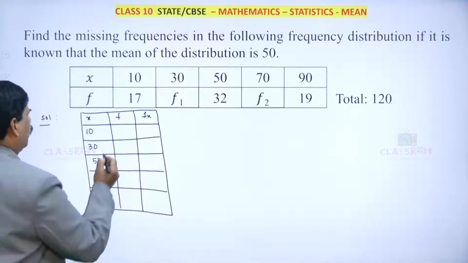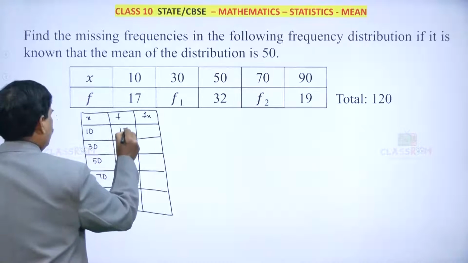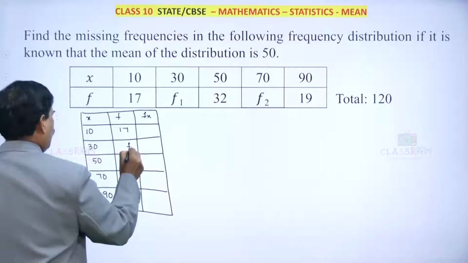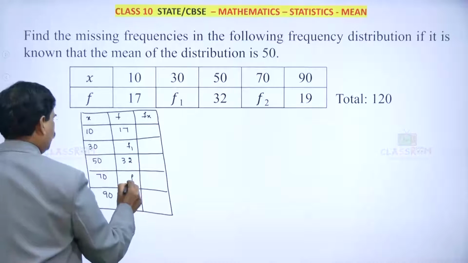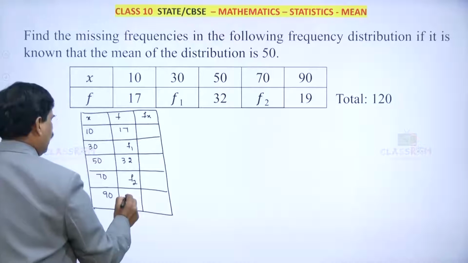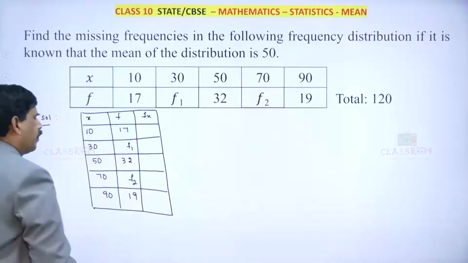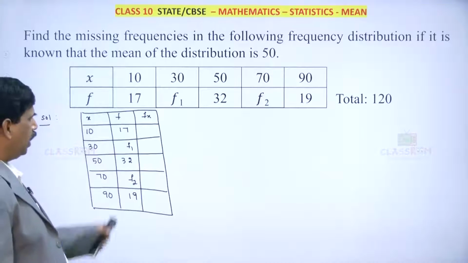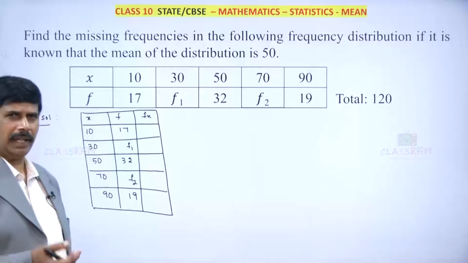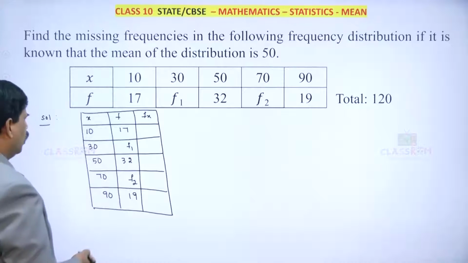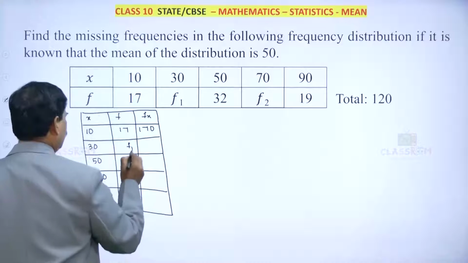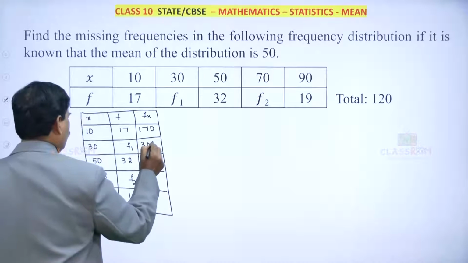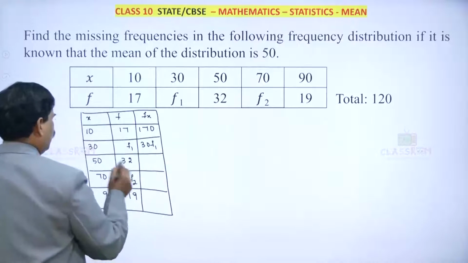So now what are the frequencies you have? 17, then f1, 32, f2 and 19. Now 17 into 10, it is 170. 30 into f1, 30 f1.